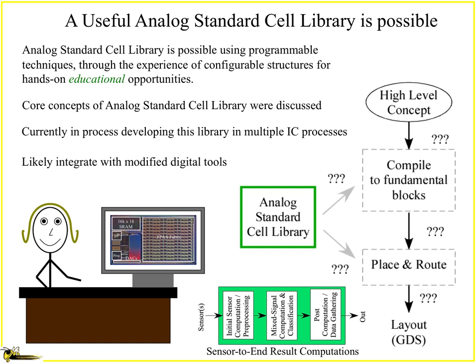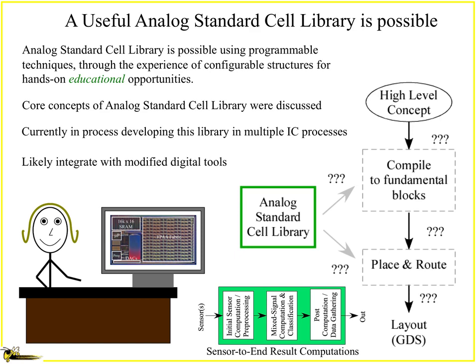And this has really been based and driven by doing a lot of educational development and a lot of hands-on use of these cells to make this possibly happen. And so we've really talked about what are the core cells for this. And having this core analog standard cell library, it looks like there's real possibilities to compile this all the way from high level down to layout, allowing for sensor-to-end computing results to happen.